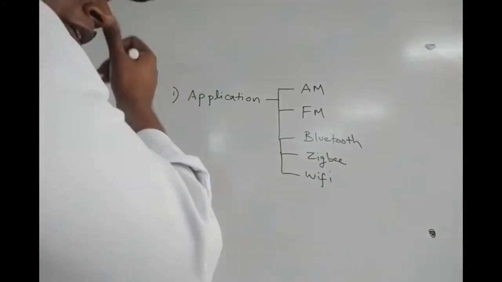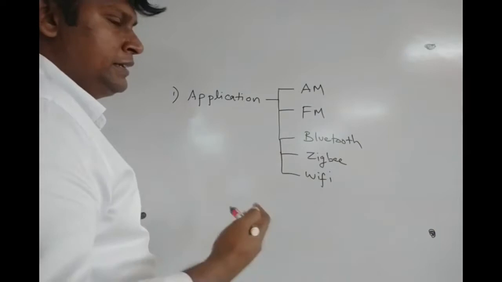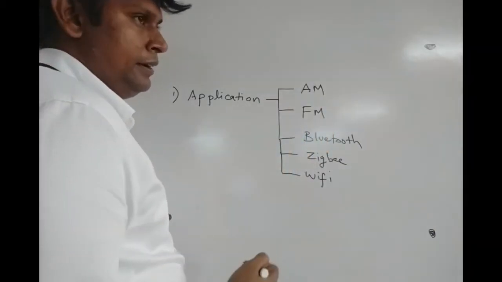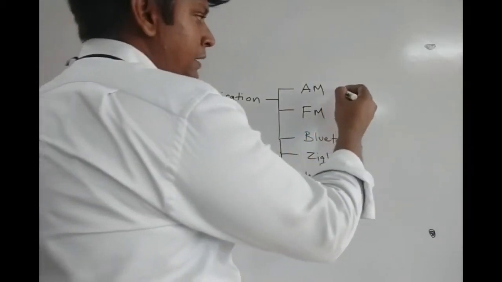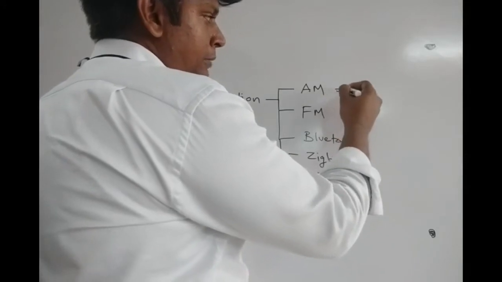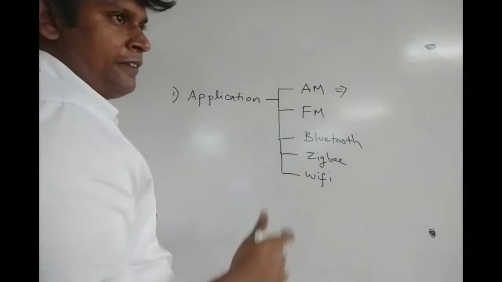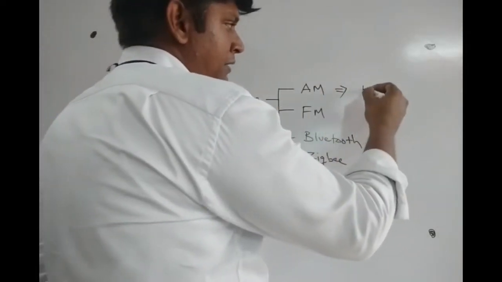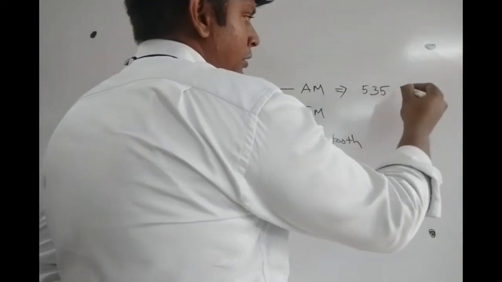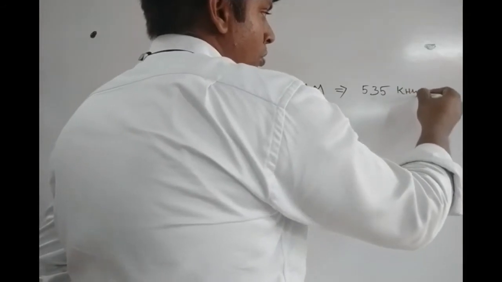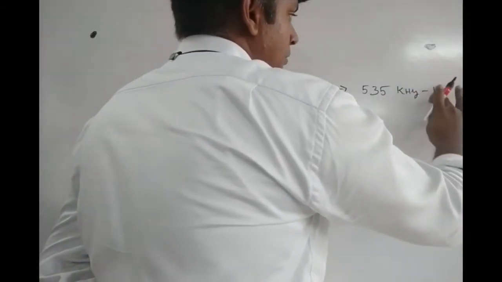Okay, so if I'm trying to design an antenna for AM communication system, we very well know in Communication Engineering 1 we studied the commercial broadcast range for AM and FM and all. So for AM it is 535 kilohertz to 1605 kilohertz.